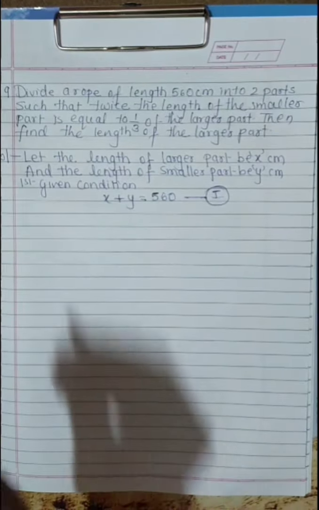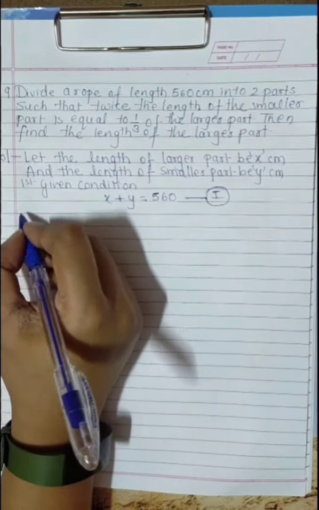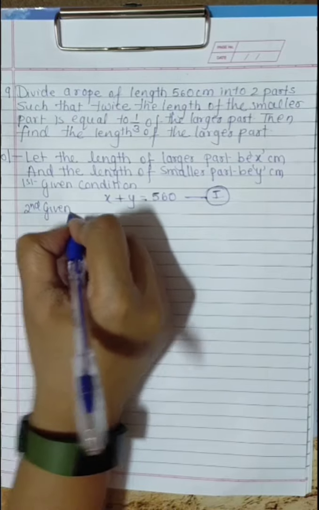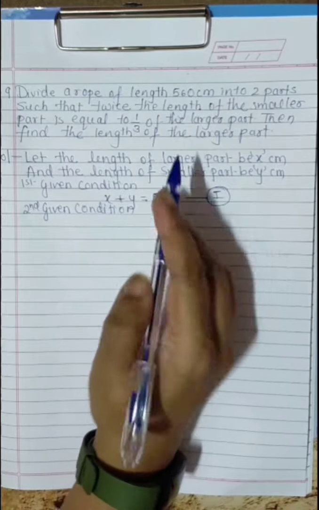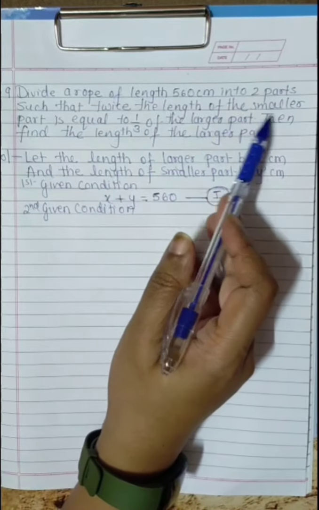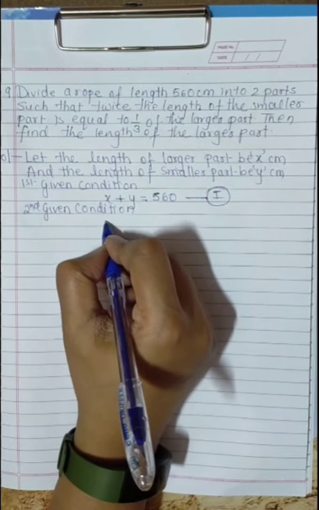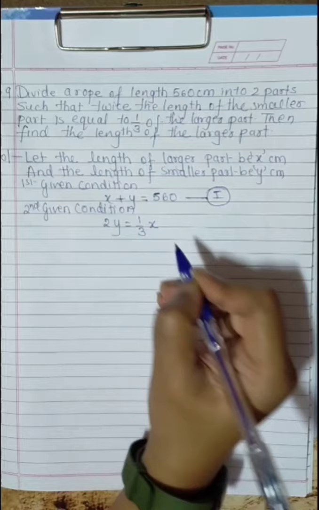Okay, now the second given condition. Now we'll see what the second given condition is. Twice the length of the smaller part is equal to 1/3 of the larger part. Twice means 2y is equal to 1/3 x.